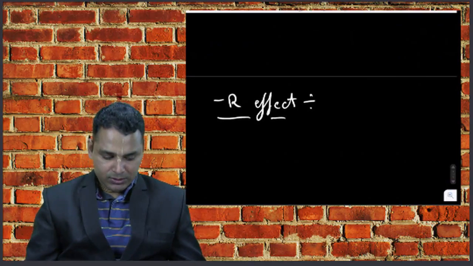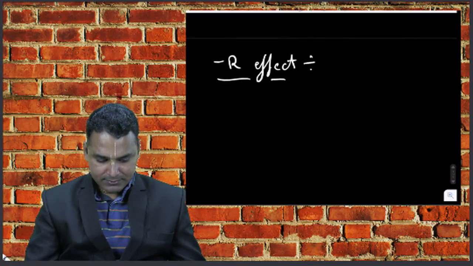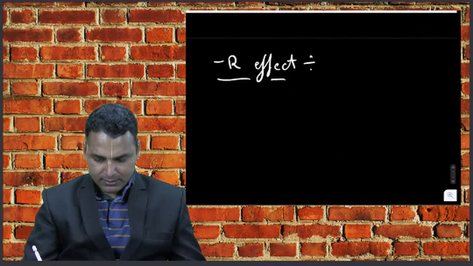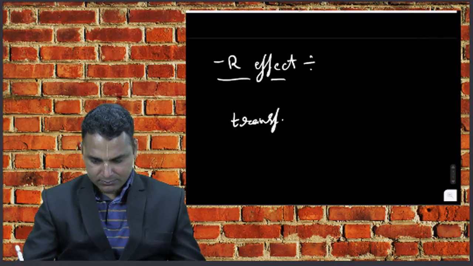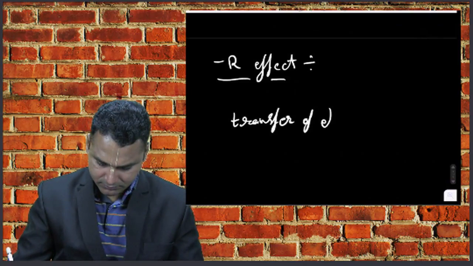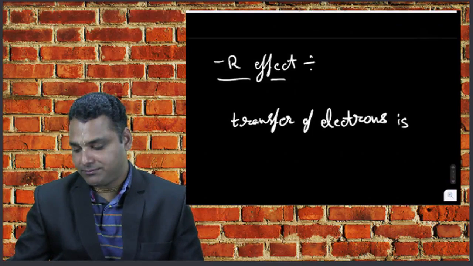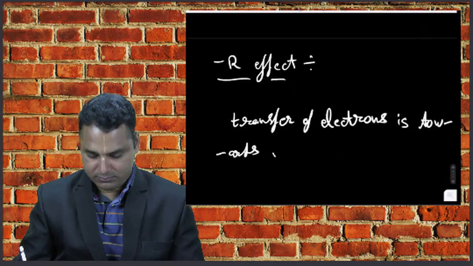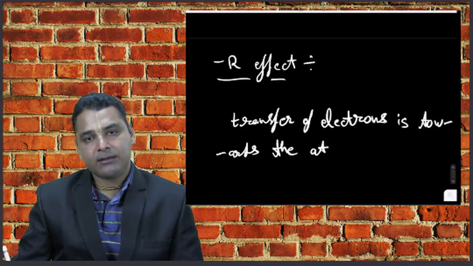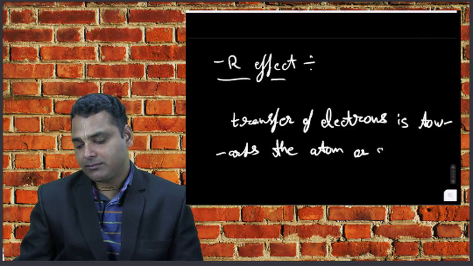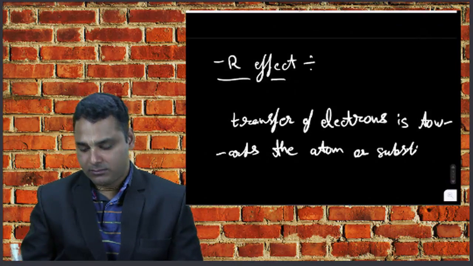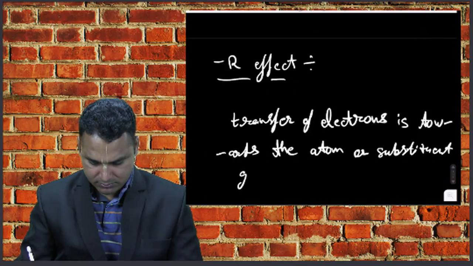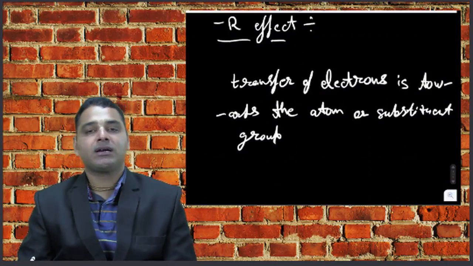So we'll see the transfer of electrons now, which is towards the atom or the substituent group that is attached to the conjugated system.